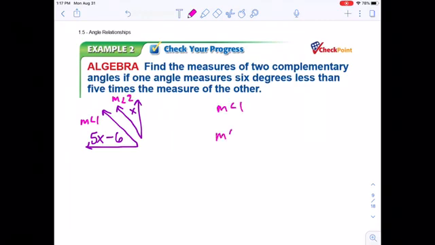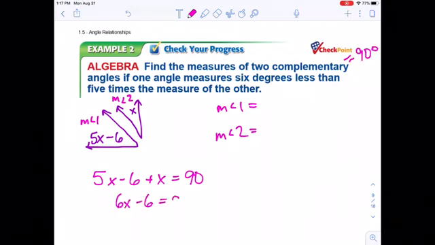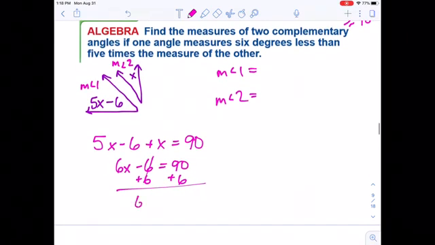So we're going to solve for these. It's going to be very similar. We have 5x minus 6 plus x. This time, though, complementary equals 90 degrees. So 90 degrees. Go ahead and solve.